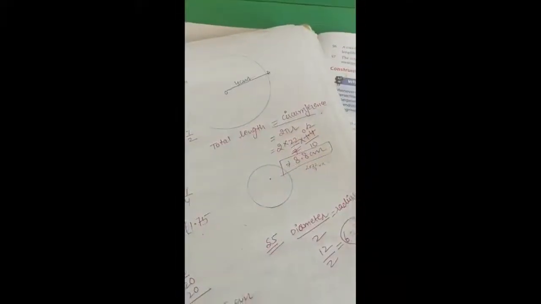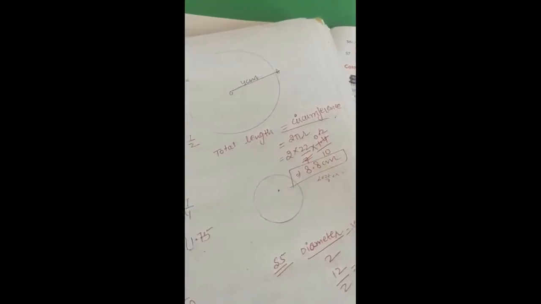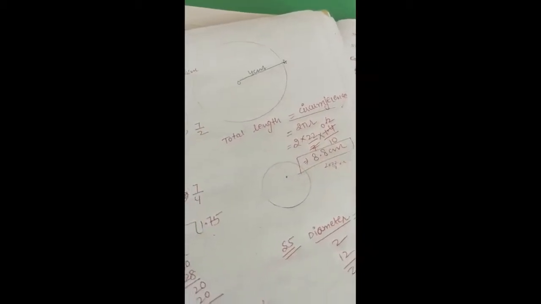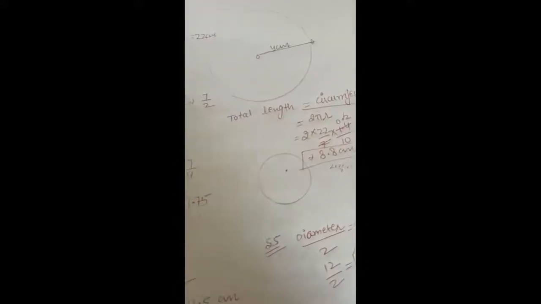So draw a line segment equal to the length of the straightened ring. So total length equals 8.8 centimeter, and this you can draw easily. Clear? Total length is equal to the circumference.